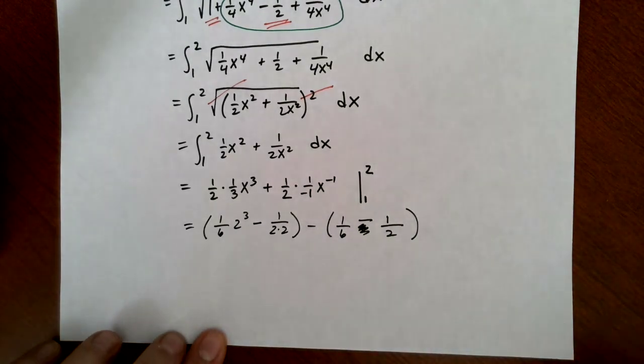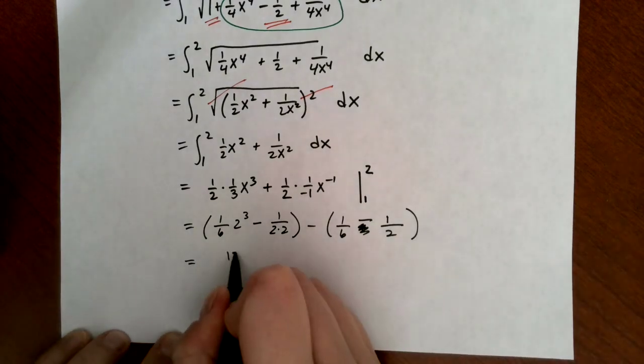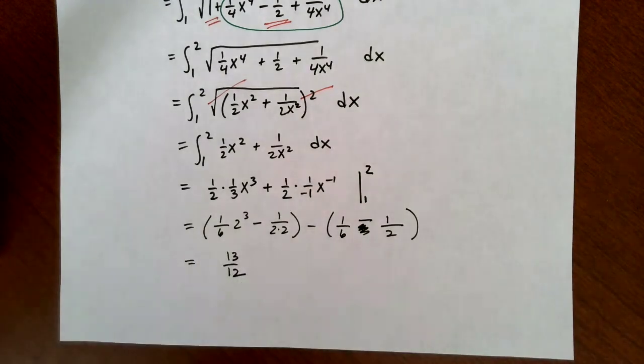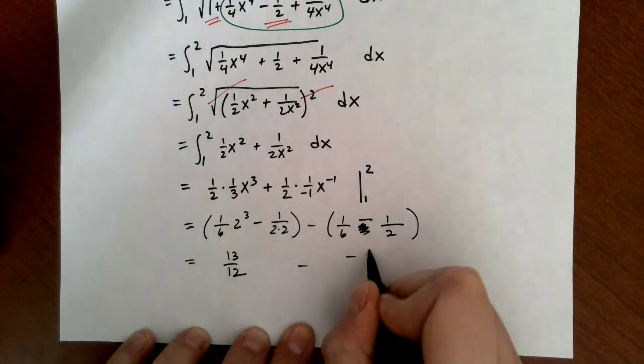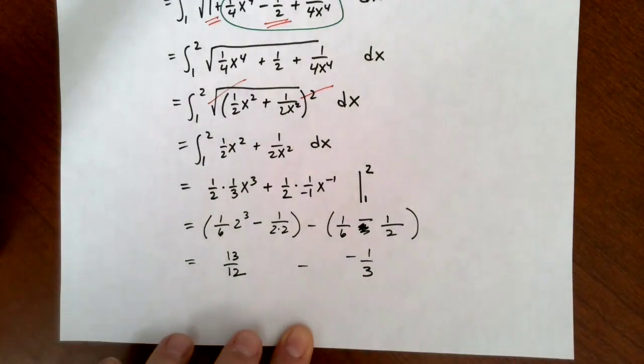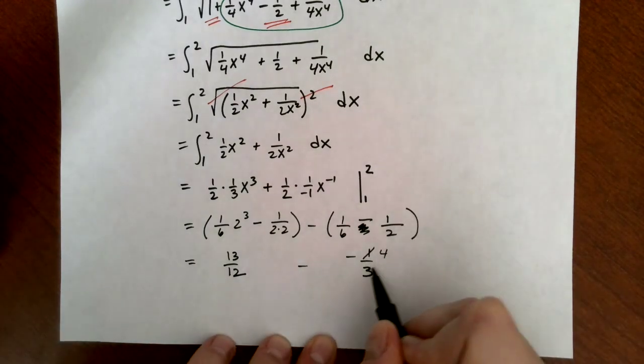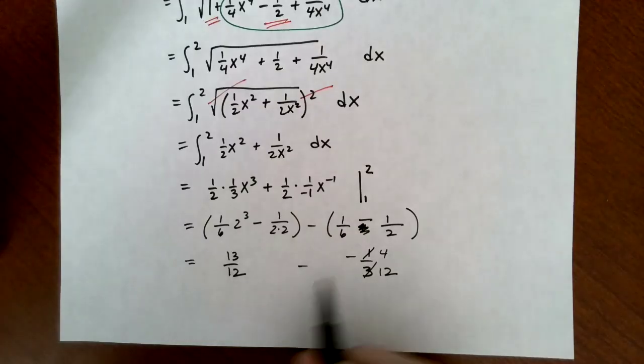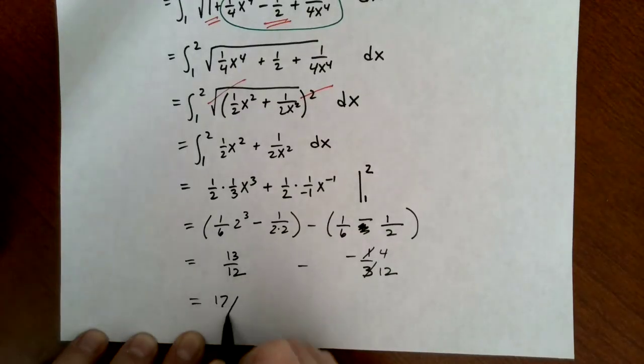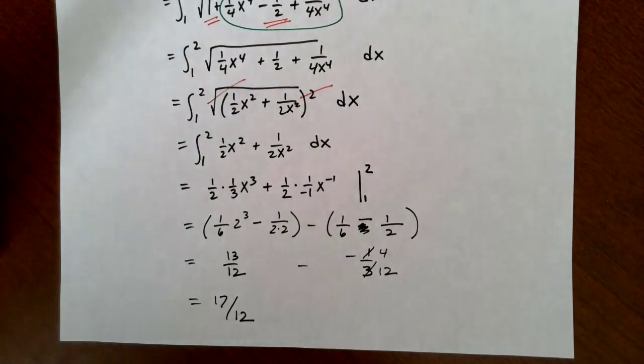This should come out to 13 over 12 over here, just making a common denominator and subtracting. And then for the other one, we get minus -1/3. So we combine them into 13 plus 4 is 17 over 12. And that's my final answer.